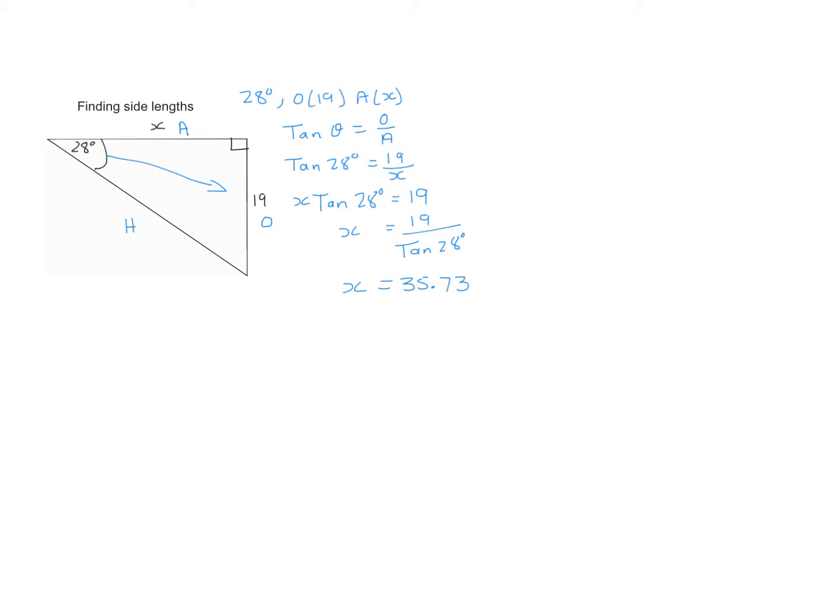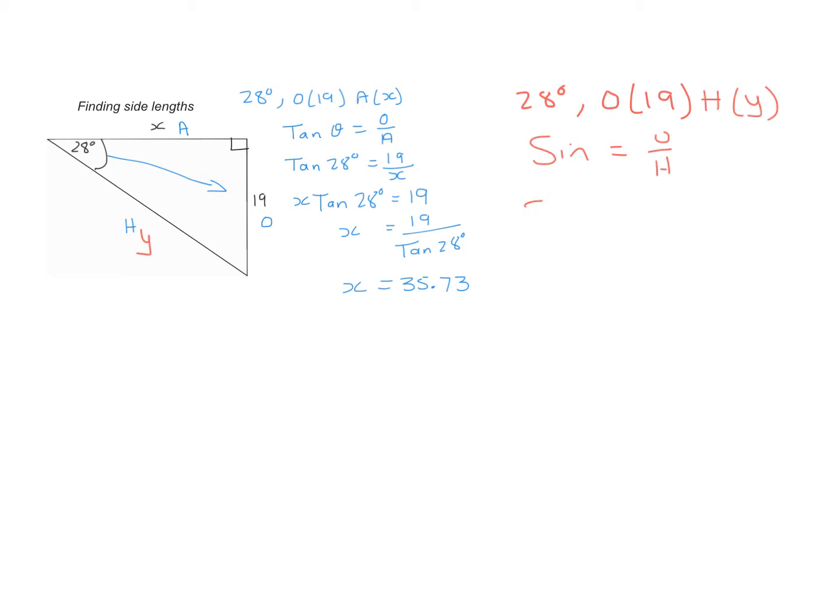Alright, well there's actually two ways to find the hypotenuse. The first way is identifying the rule. What do I know? Well, I know my angle is 28 degrees. I also know that my opposite is 19, and my hypotenuse is going to be y. So I'm going to call my hypotenuse y. The rule that I use here is going to be sine. The sine rule is the opposite over the hypotenuse.